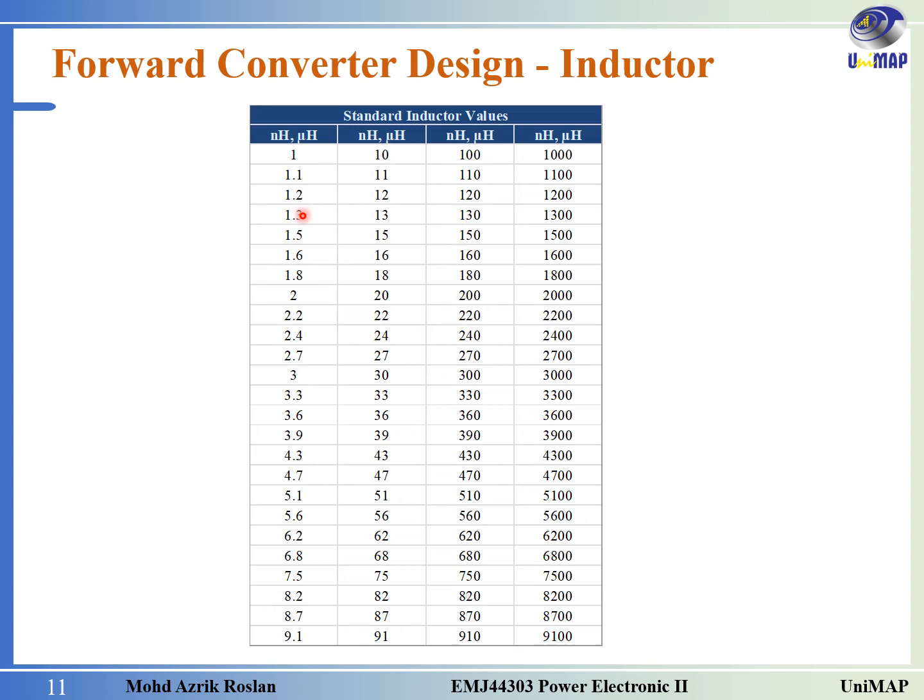So we must use 1.3 microhenry, the one nearest to our value, or the bigger one. Let's say the calculation gets 4.35, so we cannot use 4.3, we must use 4.7 microhenry. This value will be given. If the question comes out in your final exam, this standard value will be given.